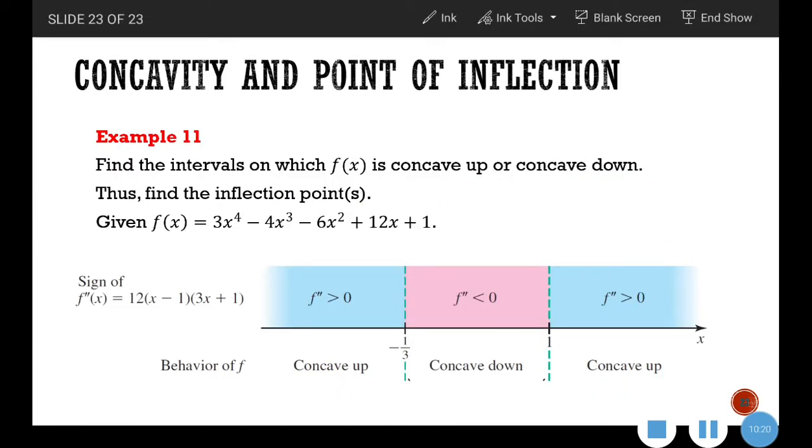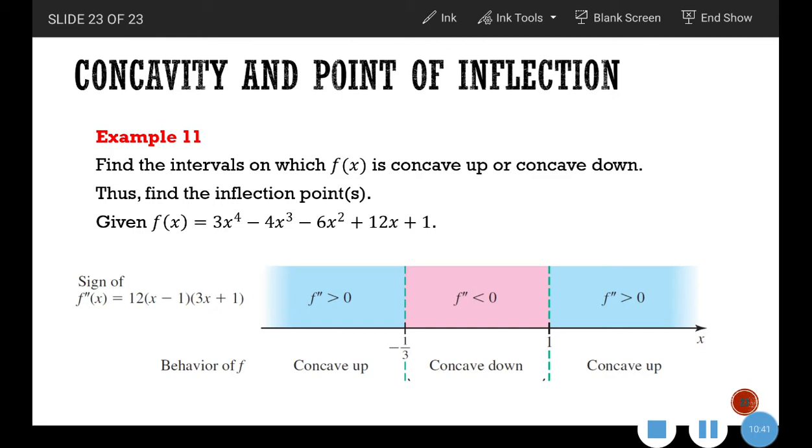So now we have example 11. In this example 11, we will show how we actually find the intervals on which the function is concave up or concave down. Dan daripada situ juga kita akan find out where the inflection points are.